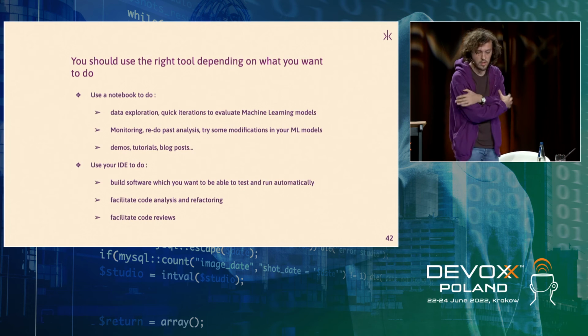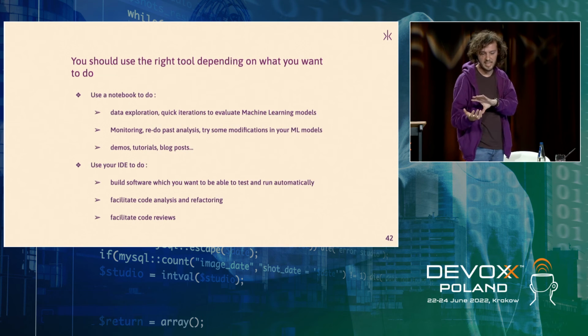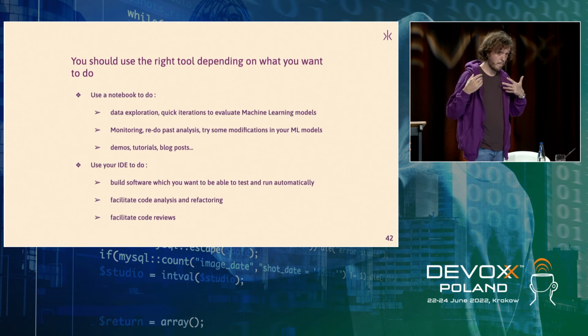So, quick conclusion. You don't have to choose between developing in a notebook and developing in an IDE. They're different use cases. An IDE is great to build high-quality code with automatic tests, because you can easily do a code review. You can easily check that your code is correct, that it respects code standards, and you can easily do refactoring.